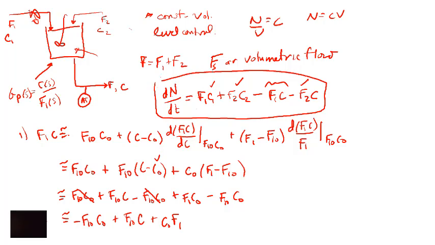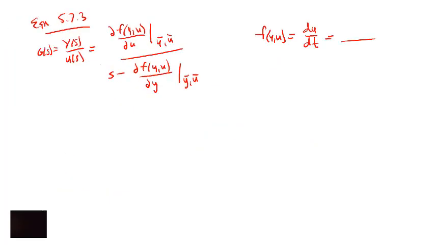So n is equal to CV, and we have V dC/dt equals F1 C1 plus F2 C2 minus F1 C minus F2 C. We need to go through and divide.